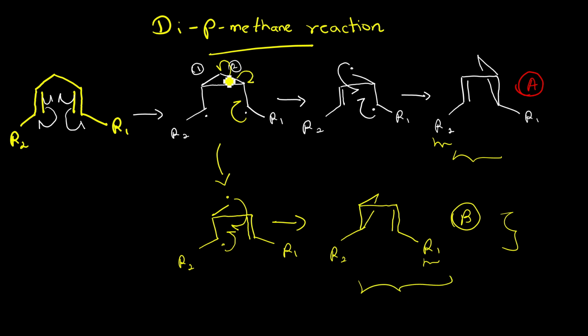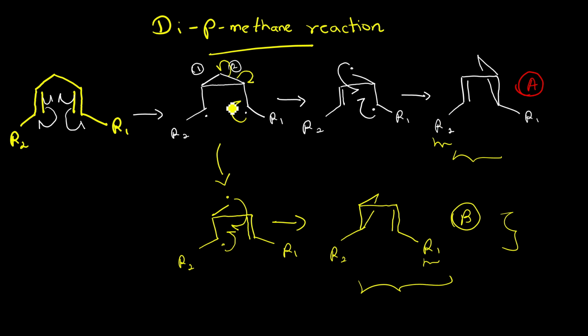But if the second bond is much stronger compared to the first bond, then the first bond is the one that is going to break. When the first bond breaks, the mechanism goes in this direction, and we have the product A. So the strength of these two bonds is a very sensitive factor for this reaction mechanism.